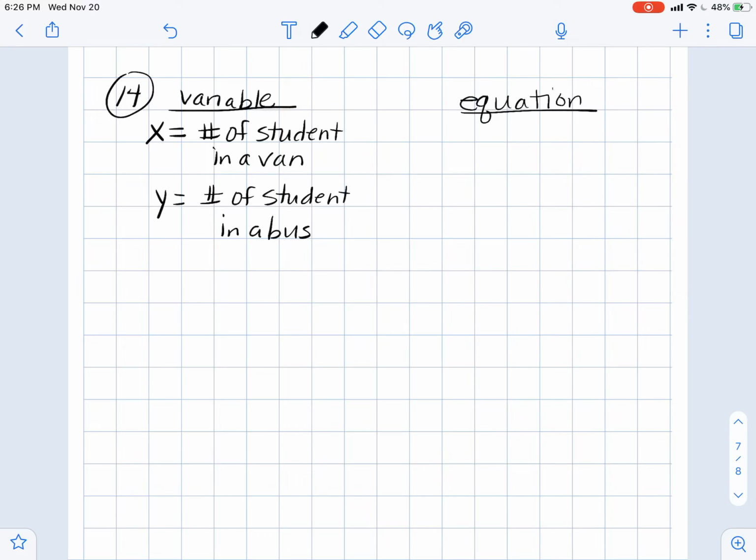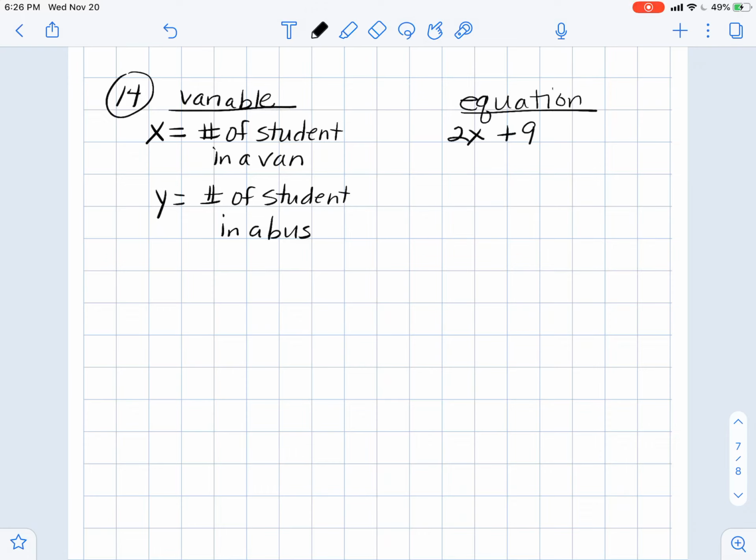So I'm going to go back up, and in the second sentence, we're going to fill 2 vans. So if I've got 2 vans, that's 2 times however many students the van will carry, right? Because if it was a 10-passenger van, then I've got 20 kids, right? 2 times 10.